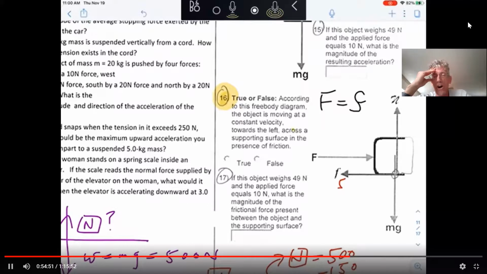So that was false. It could be moving at constant speed, or it could be at rest if that's static friction. It's not necessarily moving, but it's totally not moving to the left because friction is to the left. It has to be moving to the right.